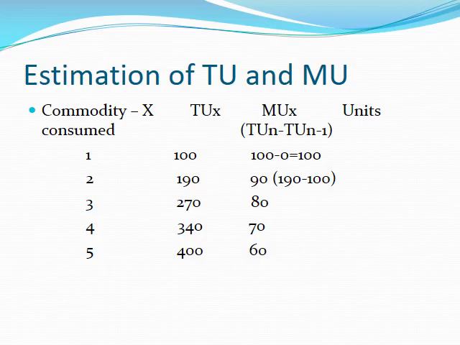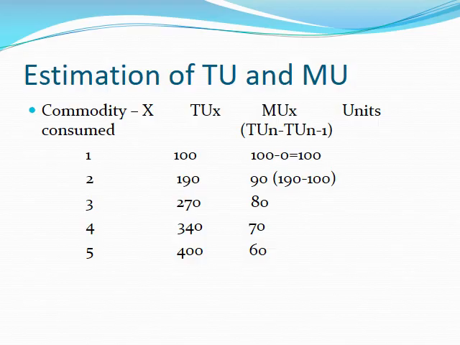Now, let us try to understand how to calculate marginal utility. Here units of commodity are given: 1, 2, 3, 4, 5. From the first unit when it is consumed, satisfaction derived is 100 utils. Then from the second unit we get total satisfaction 190 utils. In this way, from the fifth unit the total satisfaction derived is 400.